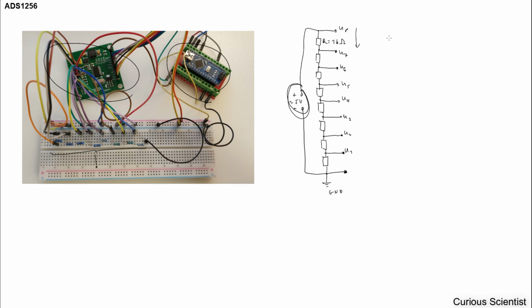So if you want to define the value, then that is basically UI, where I is 1 to 8, and then this is basically the UA, which is the output voltage of the Arduino, and then Ri divided by the sum R, and Ri is always the sum of the resistors what you are measuring between.